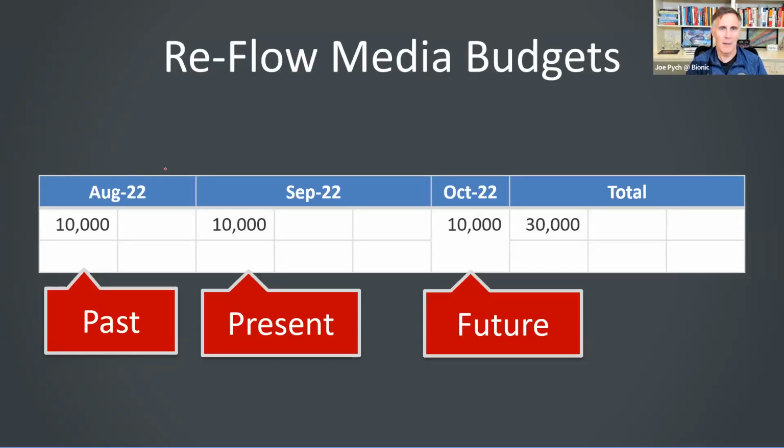Today, if you log into Bionic, you'll notice that for months that are in the past, like August here, there are some new fields, and we'll talk about that in a minute. There's also the current month, which is September, with some more new fields, and some new fields on the total.